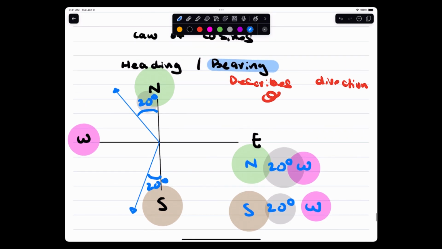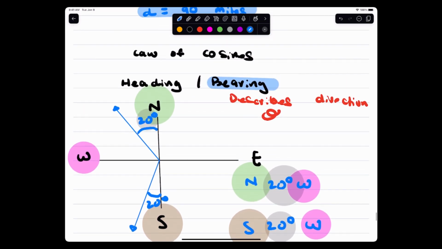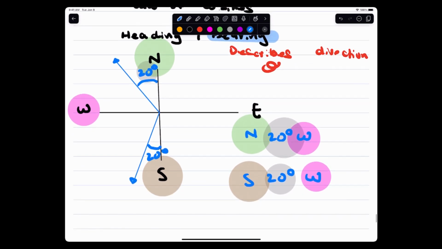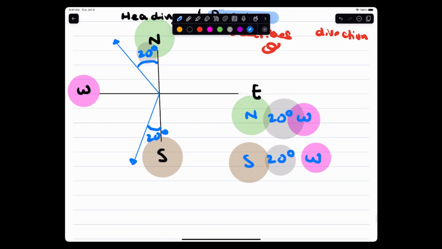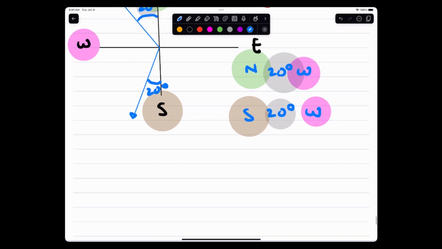This is under the idea of heading and bearing, okay? We're going to deal with law of cosines here. So if they said, okay, how about, for example, north 60 degrees east.